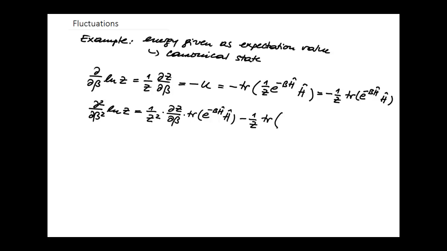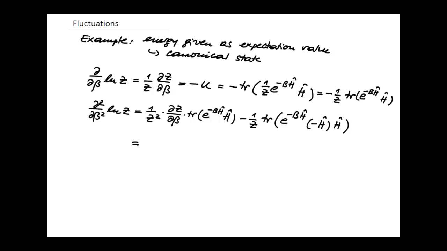Now, what's the derivative of an exponential? That's the exponential. So we have e to the minus beta H. And then we get the inner derivative of the exponent with respect to beta, and that is minus the Hamiltonian. So we get minus the Hamiltonian, and then we have still another Hamiltonian in the trace. So what do we have?